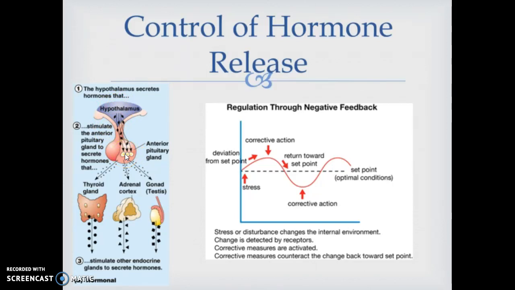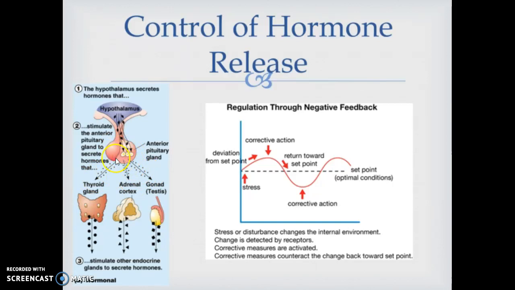So how this operates is the hypothalamus releases a hormone. That hormone goes right here to the pituitary gland. This stimulates the pituitary gland to release its hormones. And just to give you a heads up, the pituitary gland secretes 6 different hormones.